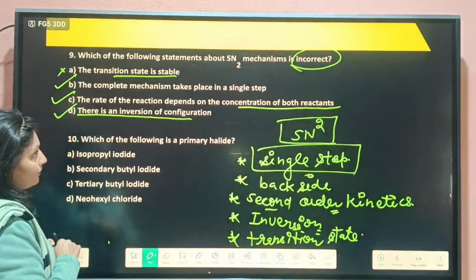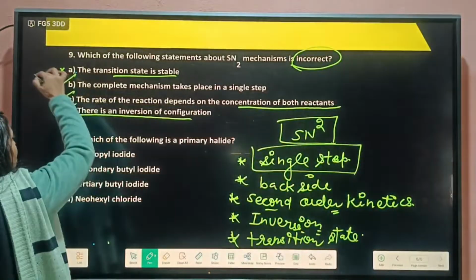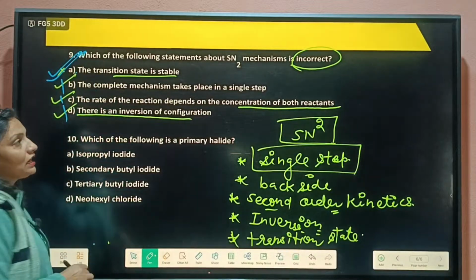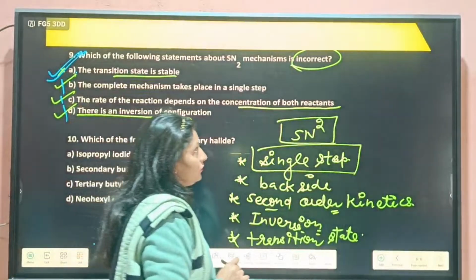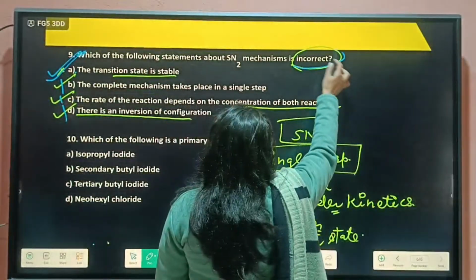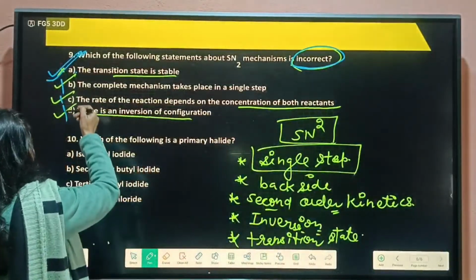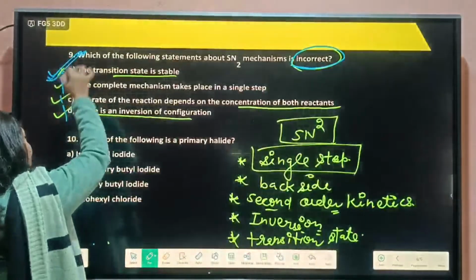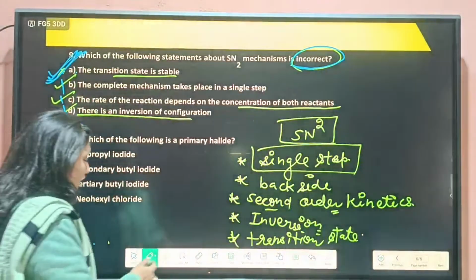So which one is incorrect here? This one. So students, this is the right option. You must read the statement carefully because it is asking about the incorrect statement. All these three are correct, but this one is incorrect, so for this question this is the right option. I hope this is also clear to you.